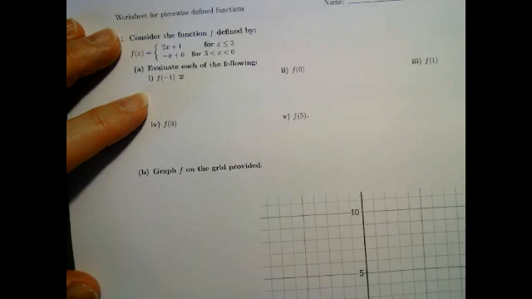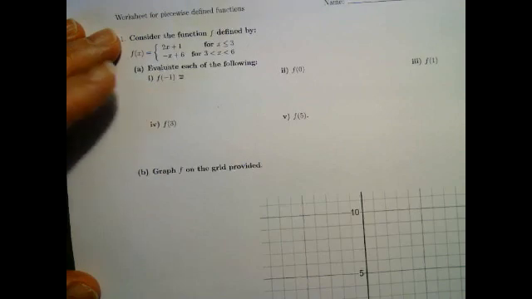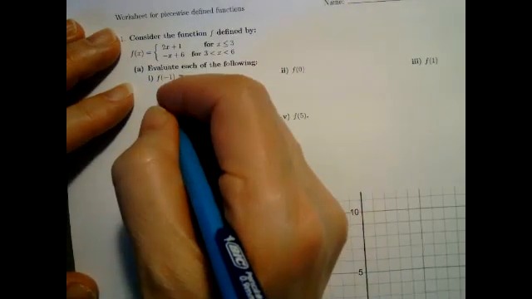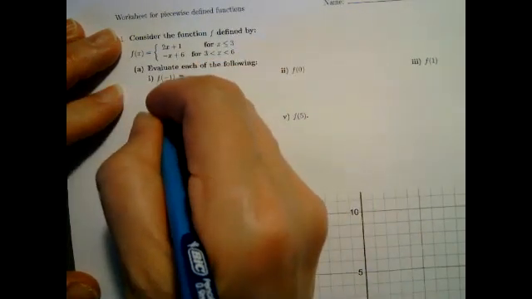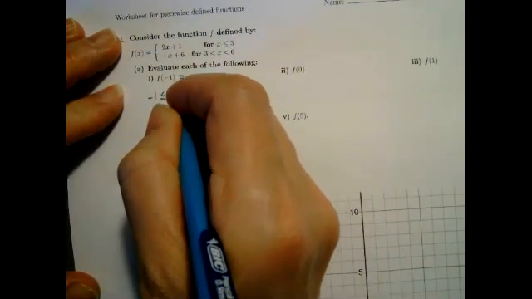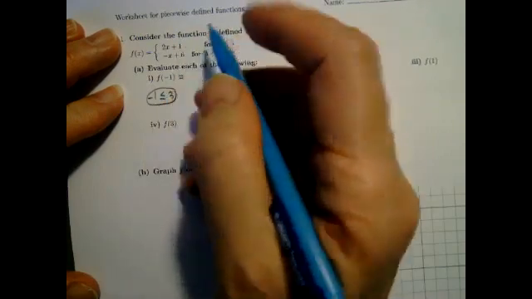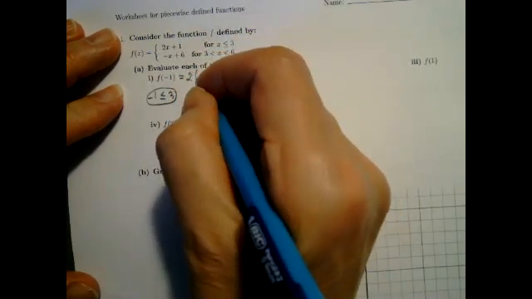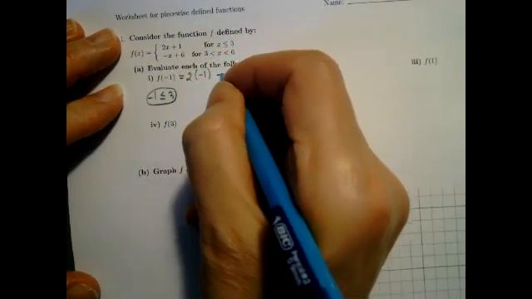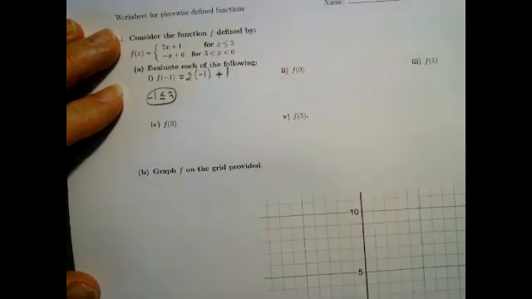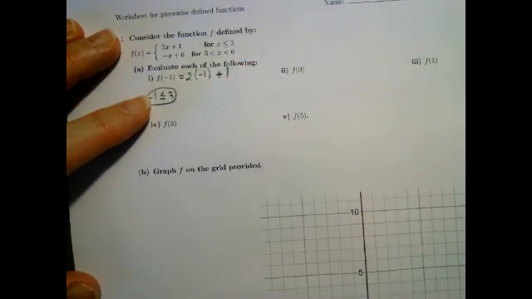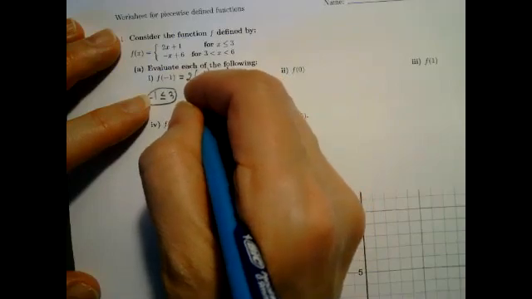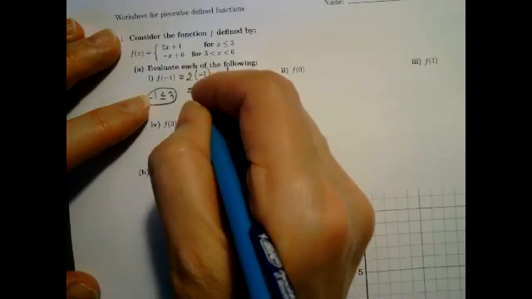Because you plug it into the first thing. Yeah, because -1 is less than 3, right? So I plug into the first. So I will get 2 times -1 plus 1, right? And this should give me -1.